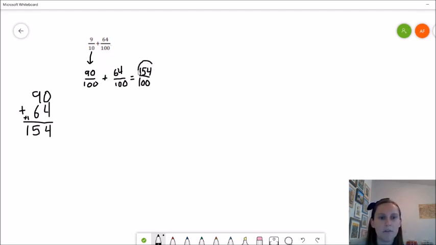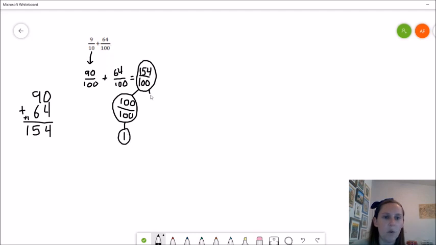So my 154 hundredths, I can decompose that as 100 hundredths, which is 1, and 54 hundredths. So I have 1 whole and 54 hundredths. So if I were to write that as a mixed number, that would be 1 and 54 hundredths.